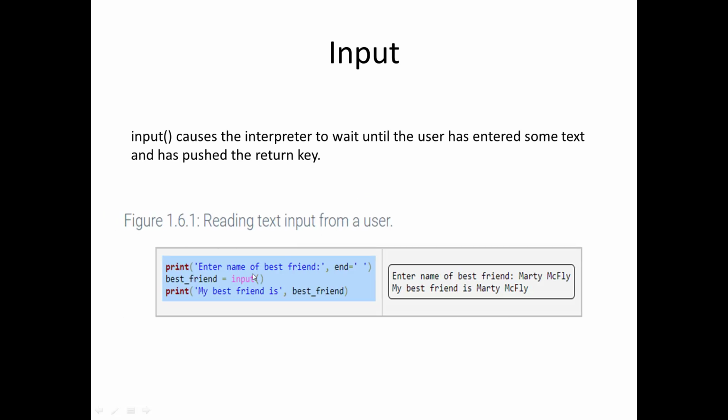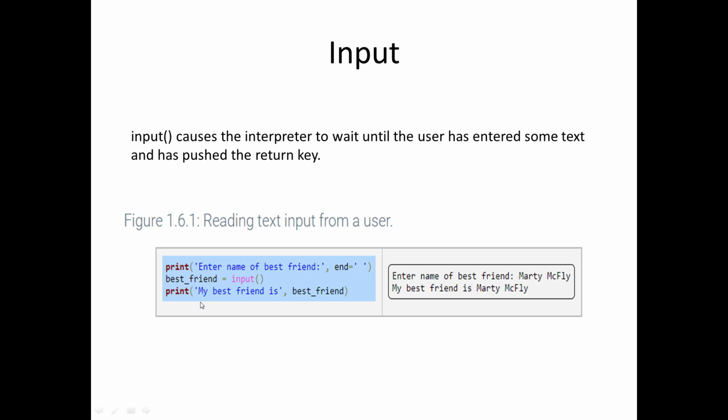So here's another example. If you enter the name of your best friend, this is a print statement. This will simply print the string literal here, enter the name of your best friend. Now we have this end statement because we want whatever follows to be printed on the same line. Then we have this prompt here for the user to input a value, and it's going to go into the variable best friend.